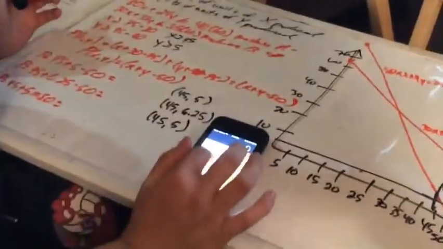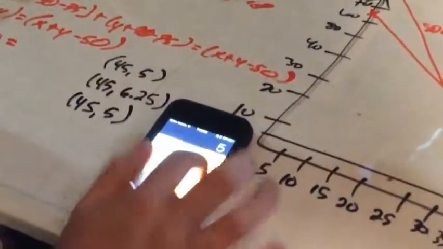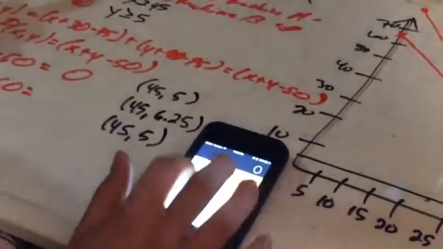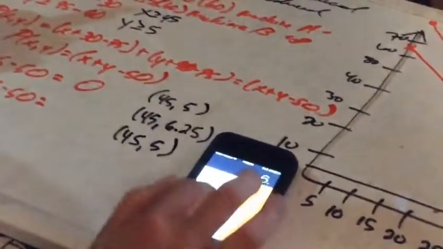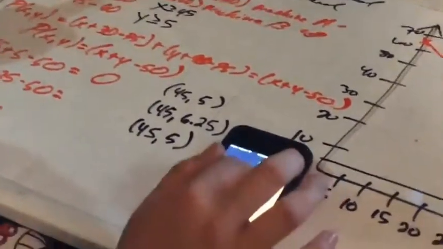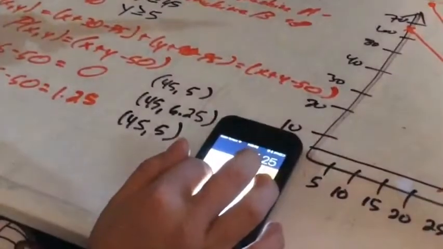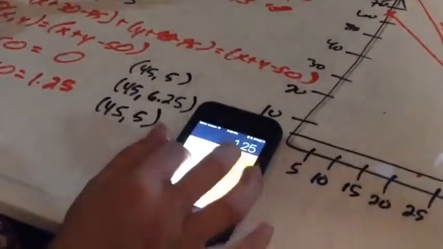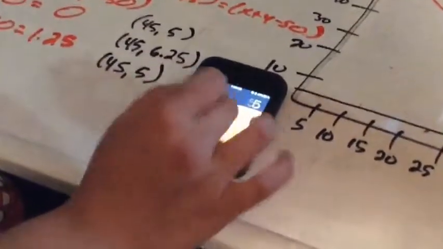We're going to get 45 plus 5 minus 50, 0. 45 plus 6.25 minus 50. And 46 plus 5 minus 50 is 1.